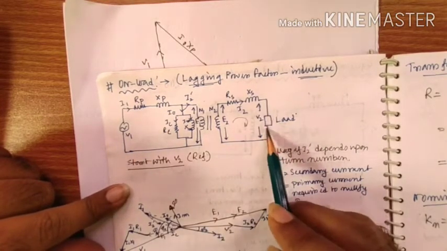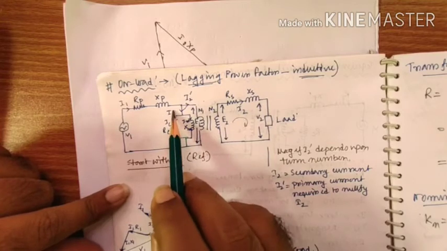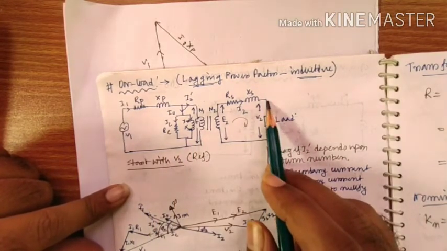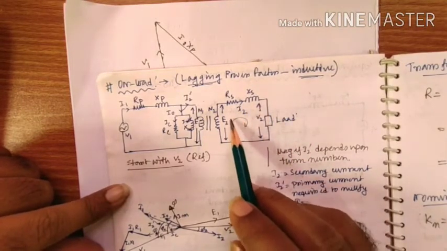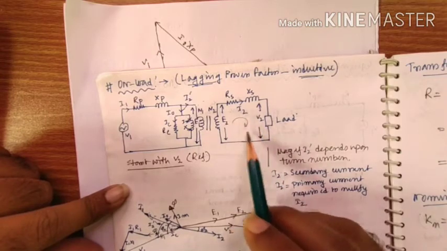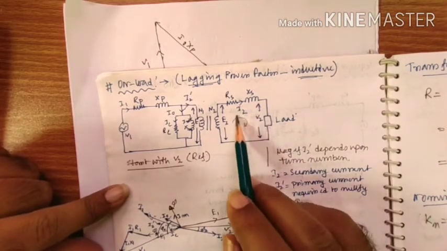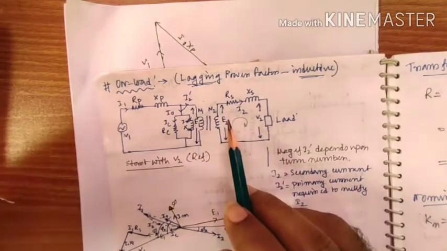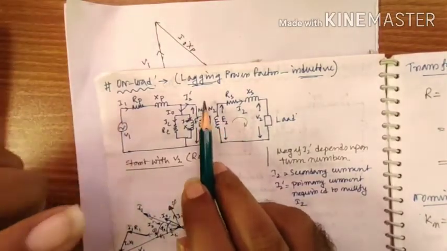So I am repeating it once again. When no load was there, the amount of current flowing through the primary winding was only I0. Now we have connected a load. The nature of this load is inductive, so this path becomes a closed one, and I2 current starts flowing through it. This I2 current is flowing due to the presence of E2, the potential developed across E2, which is due to the presence of flux.